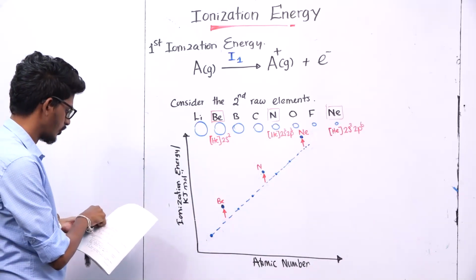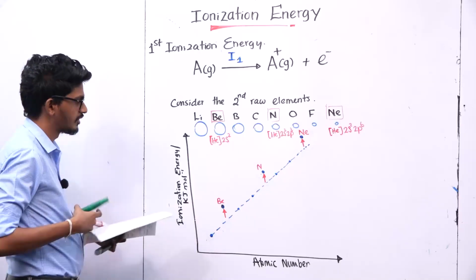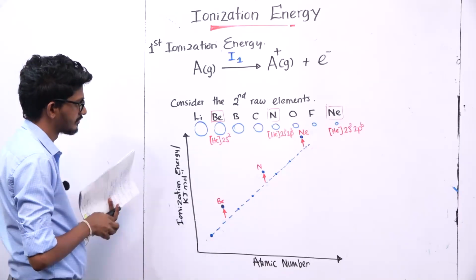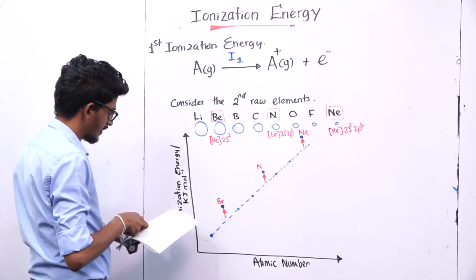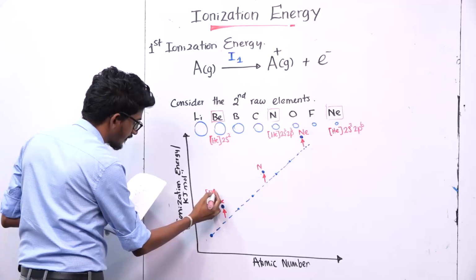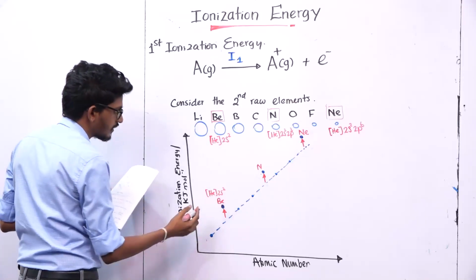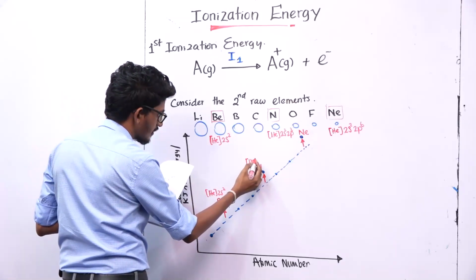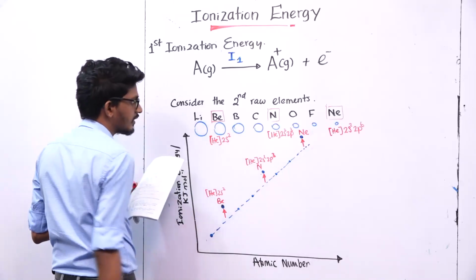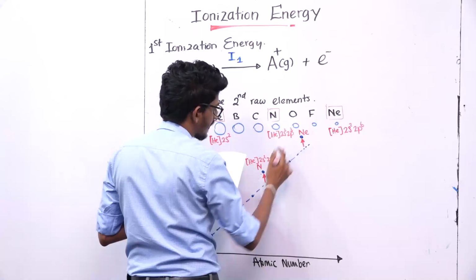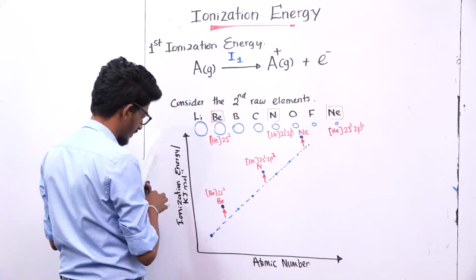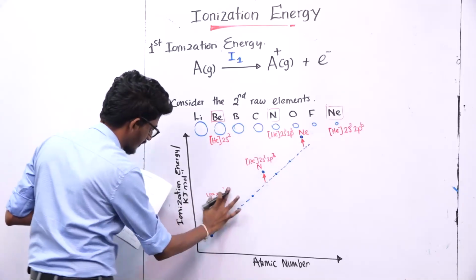So those are with some stable configurations, right? This one is with helium and 2s2. This is with helium and 2s2 2p3. This is with, right, so I write the configuration in black color for the clearness.